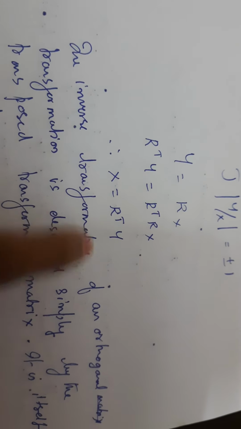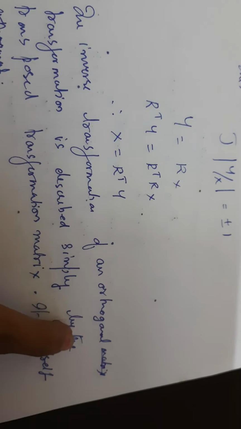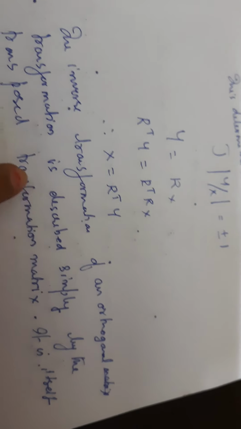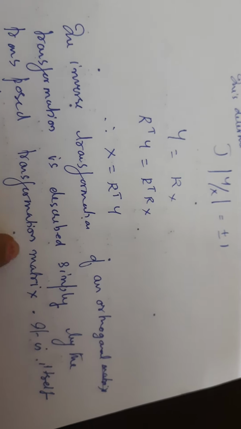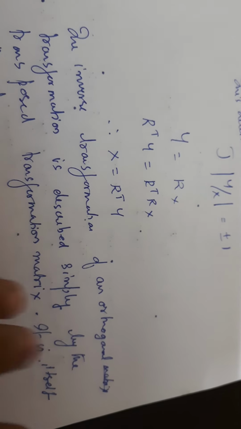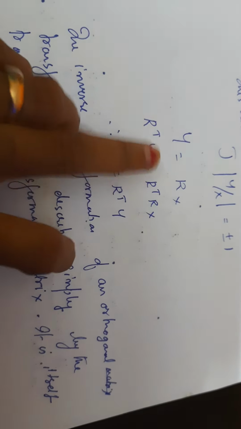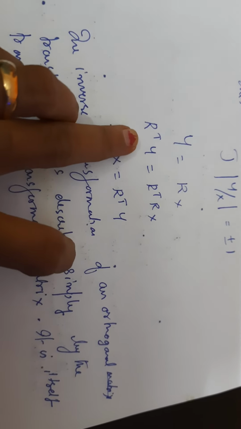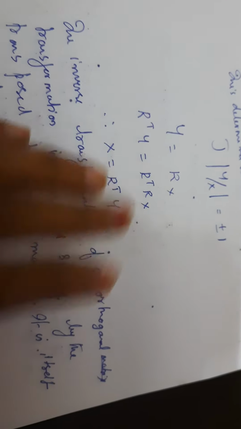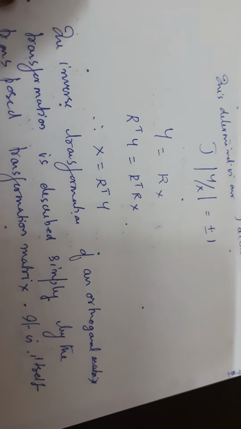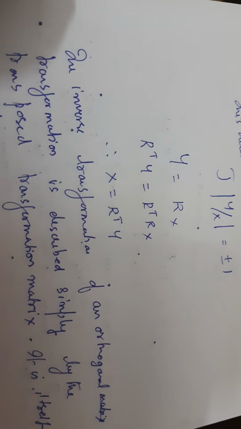So you can understand that the inverse is given by multiplying the transposed matrix on the other side. That's it. With this we end Unit 1.